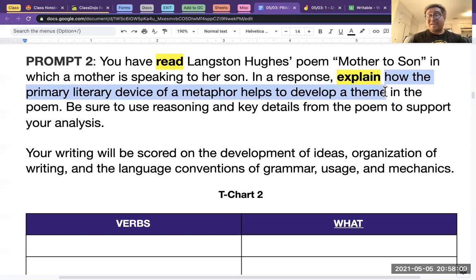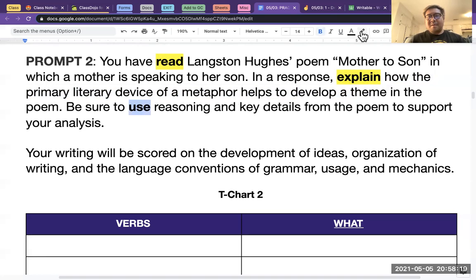Okay, that's a what. That's something that I would underline, but I don't want to get ahead of myself. I'm going to keep looking for verbs. Be sure to use. I will take use as a verb. All right. And then I will use or click on support, because that is telling me to do something specific.